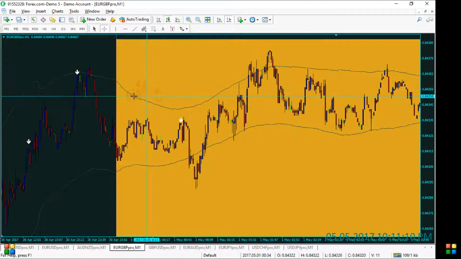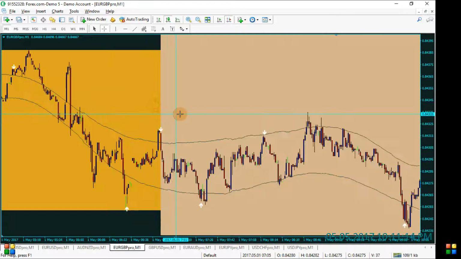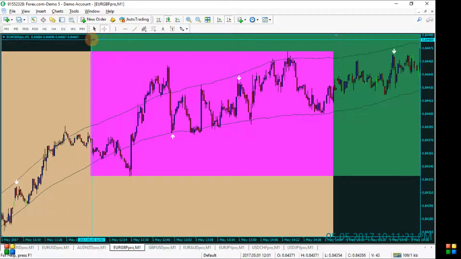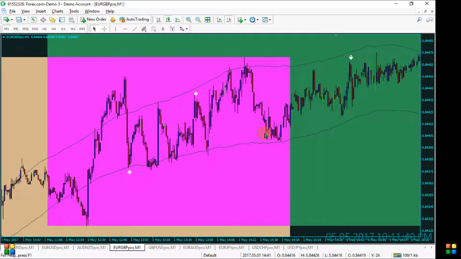This mustard color is the Asian session, and then this cream color is the Euro session, and this green is the US session. These pink dots that you see here mean that this is the overlap of the Euro session together with the US session. This is what it means.